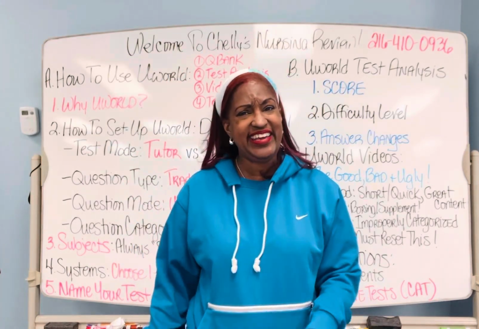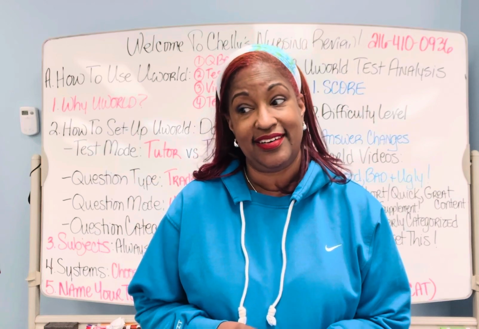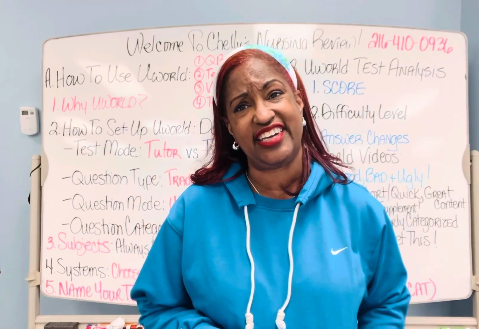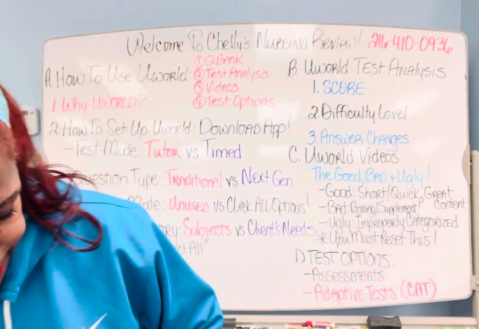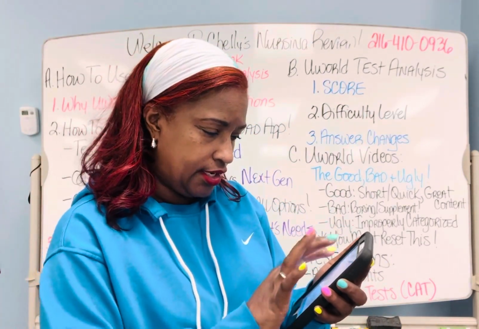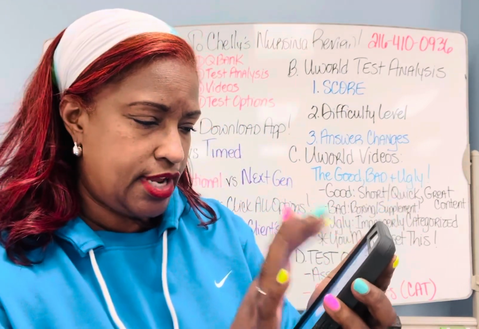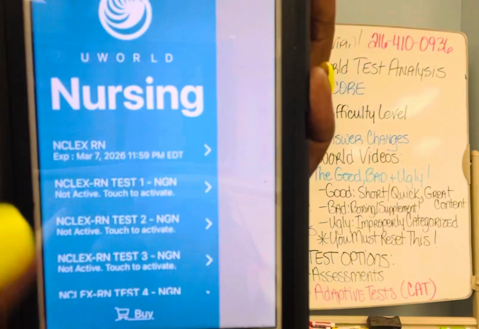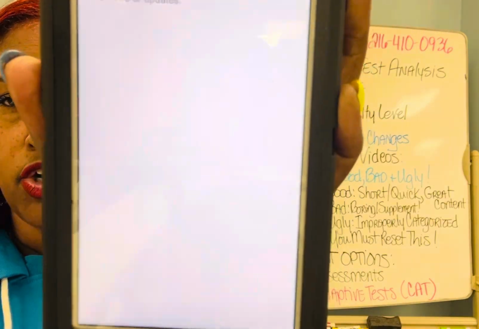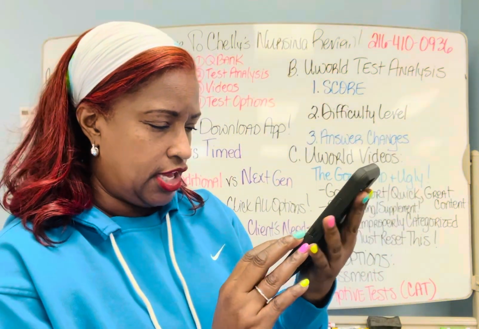Uh-oh. Y'all ready? Okay. The ugly. Yeah, there's some ugly. Let's do the ugly together, shall we? Let's go to everything that we want to see. Here we go. We're starting at the beginning. We're going to hit the RN, and you're going to get right to the videos. Let's look at the ugly.